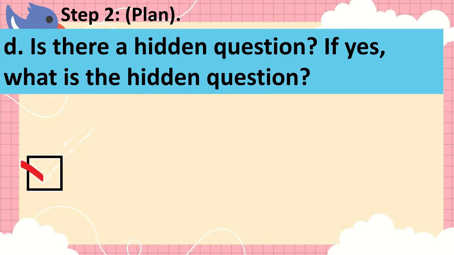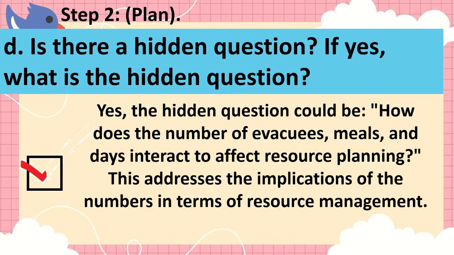Letter D. Is there a hidden question? If yes, what is the hidden question? Yes, the hidden question could be, how does the number of evacuees, meals, and days interact to affect resource planning?